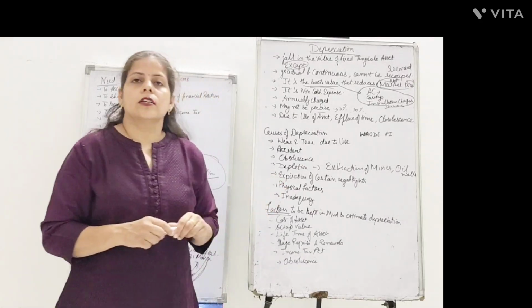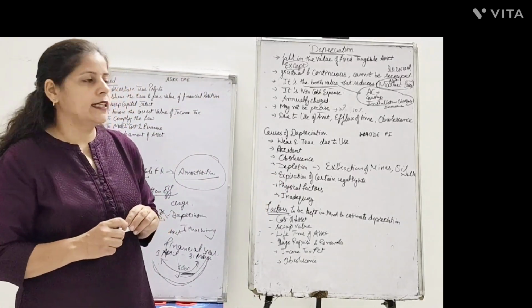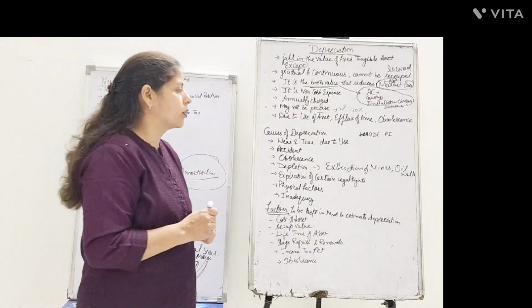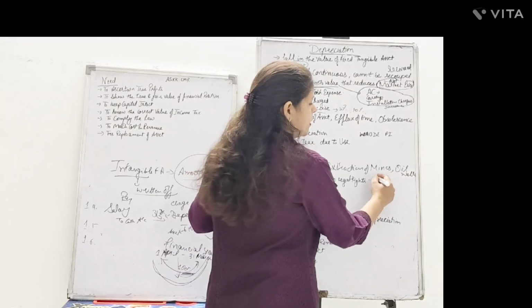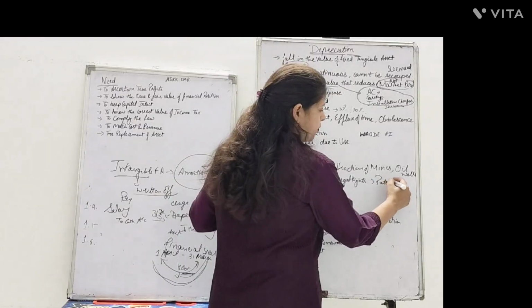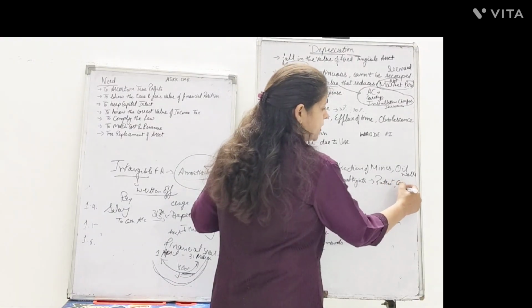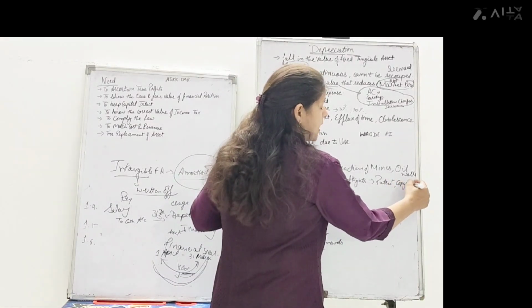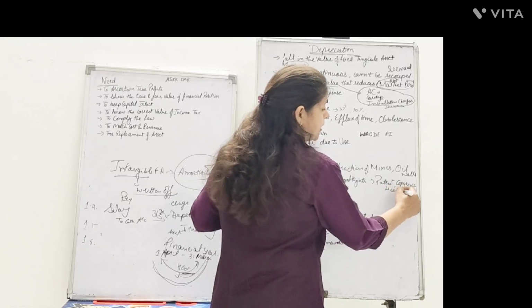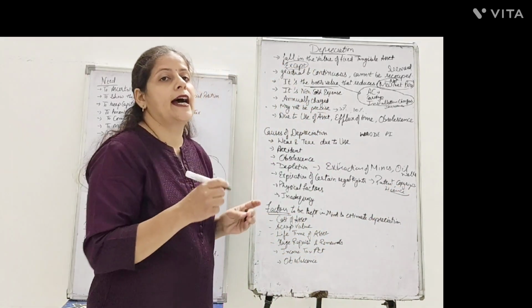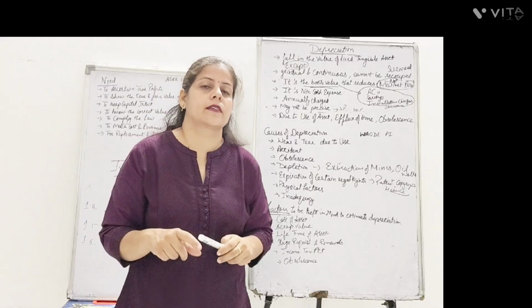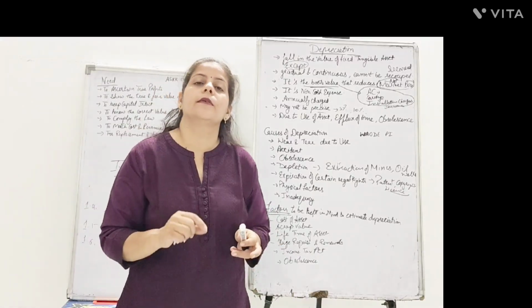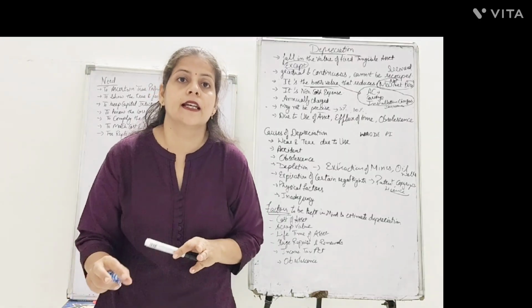Then another cause is expiration of certain legal rights. What legal rights are we talking about? We are talking about patented products, copyrights, and licenses also. In journal terms, suppose I took a license to run a business which can only be run with a license.